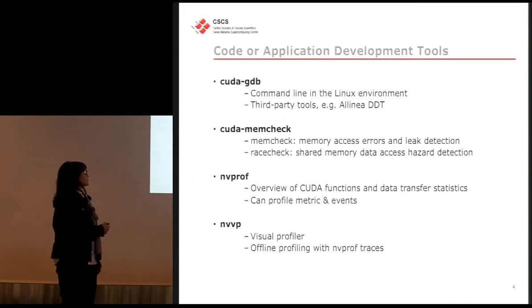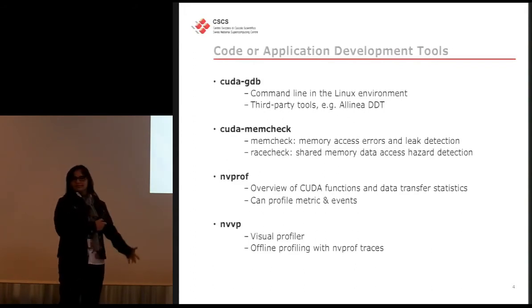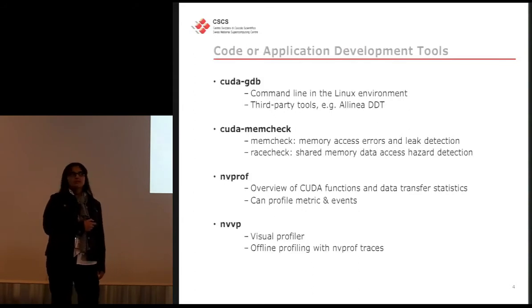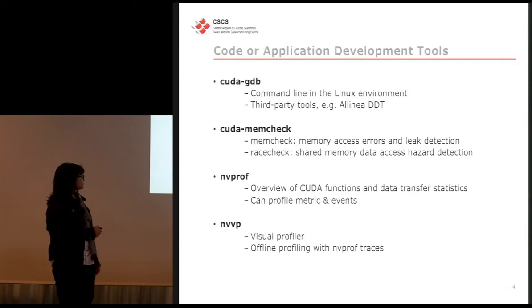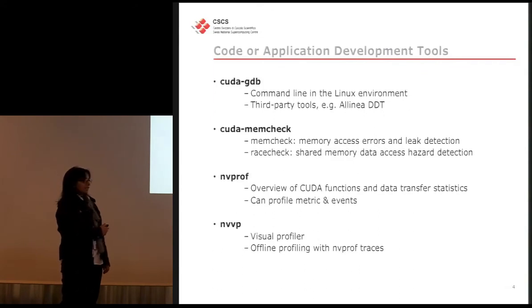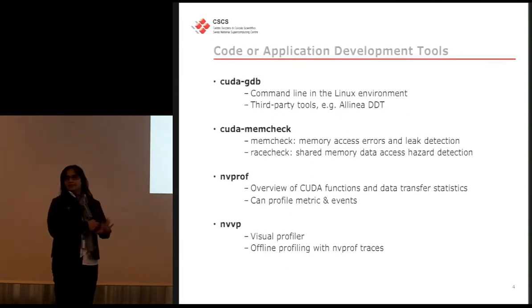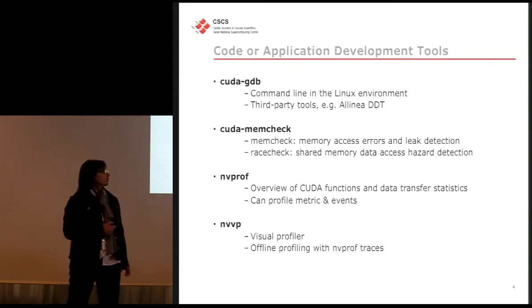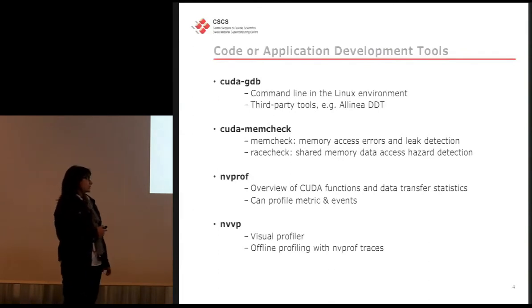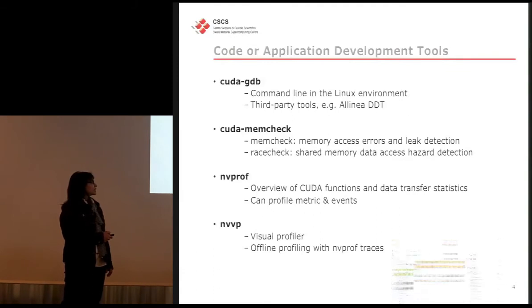So you have your debugger, and at CSCS we have a parallel debugger, Linaro DDT. You have memcheck and rangecheck to find memory issues. You have the profiler. Not only can you get a very coarse-grained high-level profile, but you can use metrics and events. And then you have a visual profiler, which looks like that.